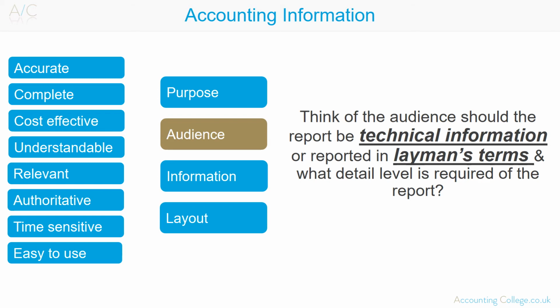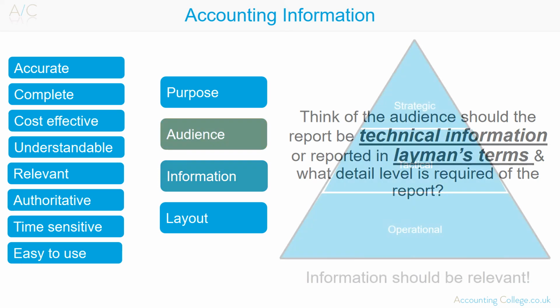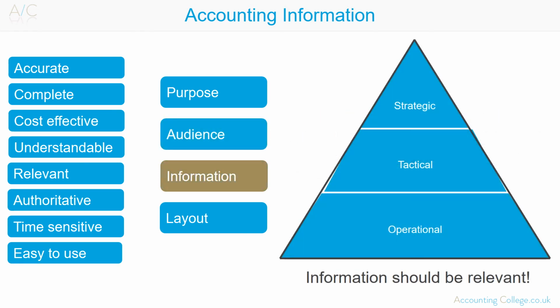And what detail level is required of the report? Care has to be taken to assess the appropriate level of detail, layout, and terminology used in reports, so that users will properly understand the information that is provided. Information should be relevant. This ties back to the first two considerations of purpose and audience.